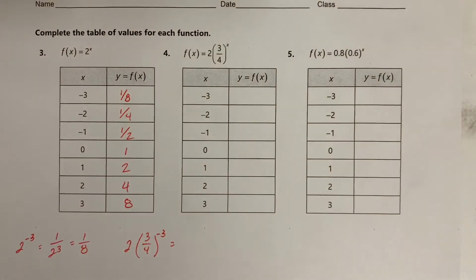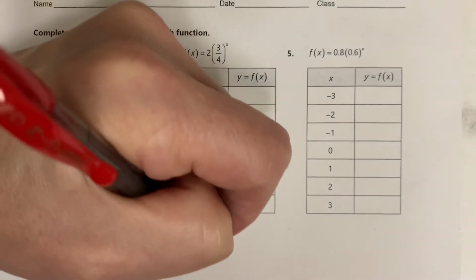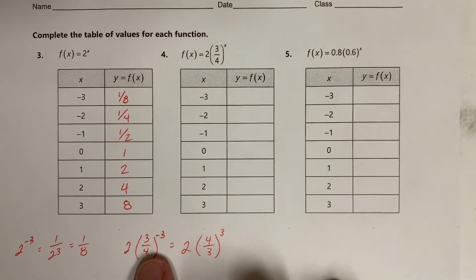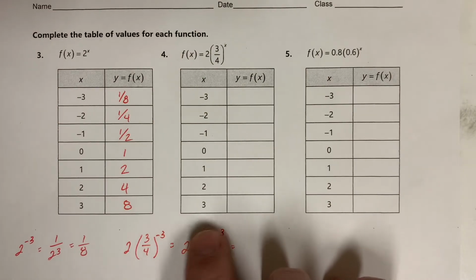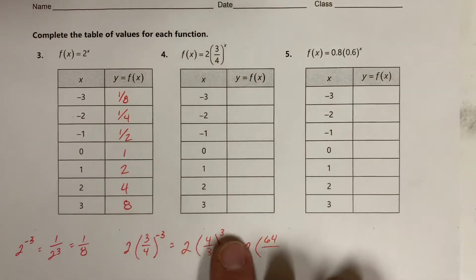Well, what that's going to be is 2 times, we take the 3/4 and flip it to 4/3, and we make it a +3. That's the rules of exponents. Then we're going to take the 4/3 and cube each one of these. That's going to be 2 times 4 cubed is 64, and 3 cubed is 27.